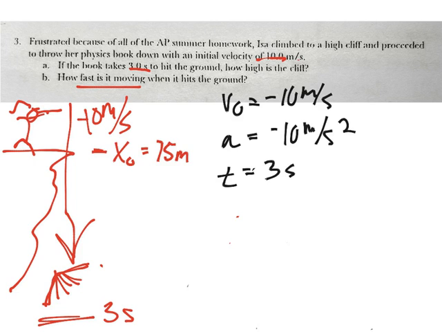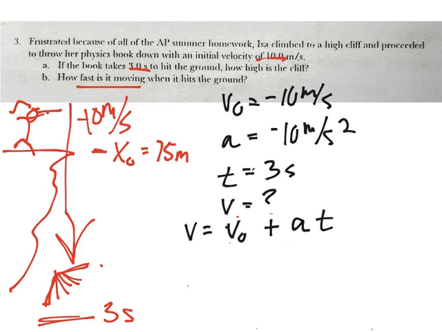So hopefully you can look up your equations and see, oh, we want to know the final velocity. That's our unknown. So you need an equation that has final velocity in it, which the last one we used did not. It only had initial. So you're going to want the one that says final velocity equals the initial velocity plus acceleration times time.